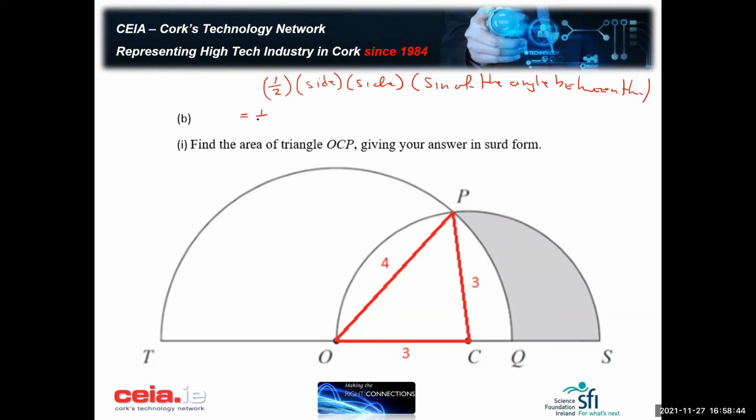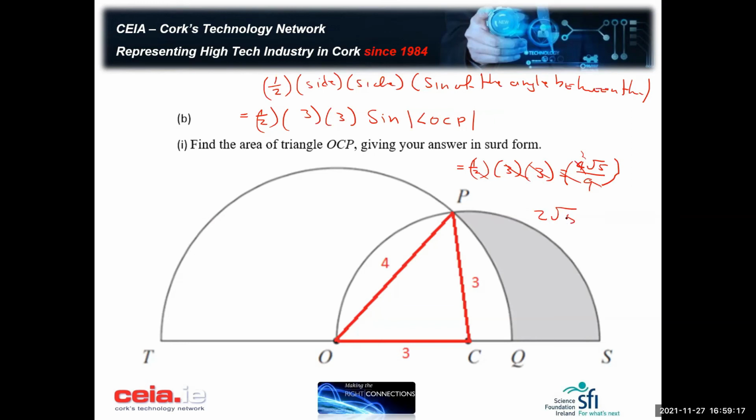So applying the formula, we can say half by 3 by 3 by the sine of OCP. That equals a half by 3 by 3 by 4√5/9. The 3's will cancel with the 9, and the 4 over 2 gives 2. So that equals 2√5, and I think that is in square centimeters, or square units.